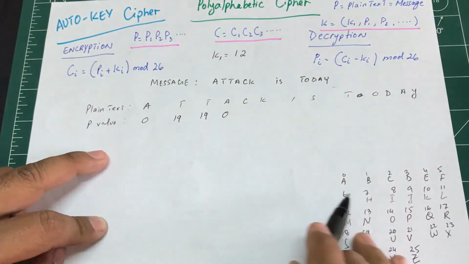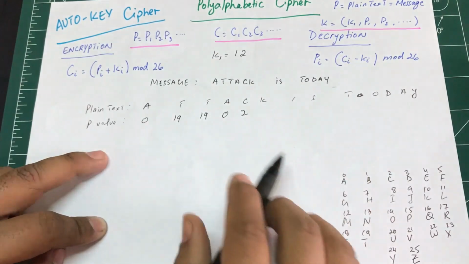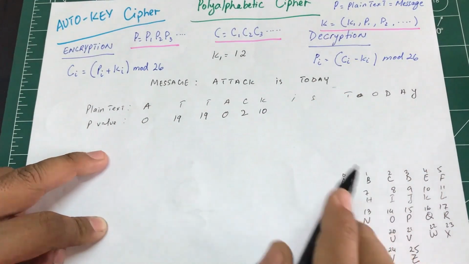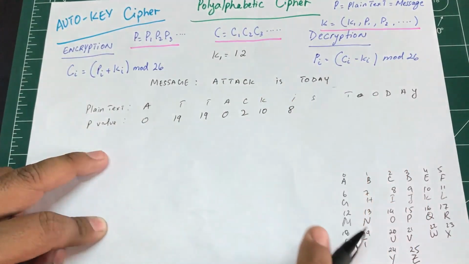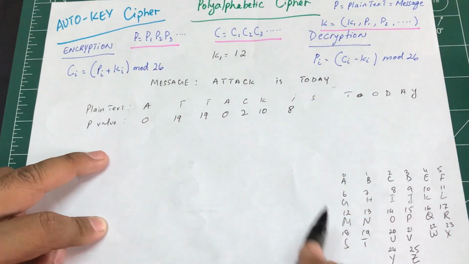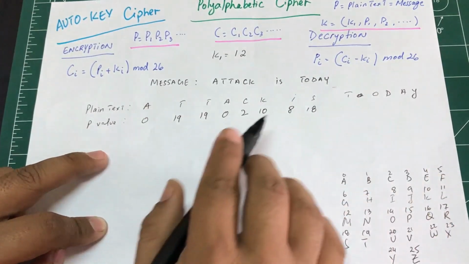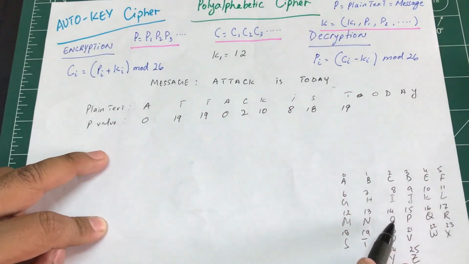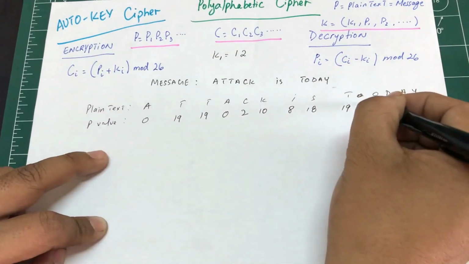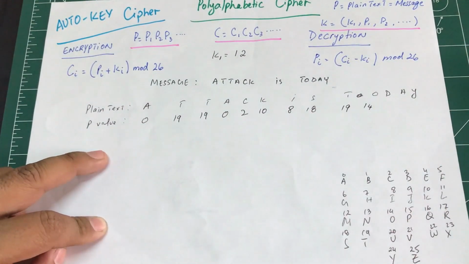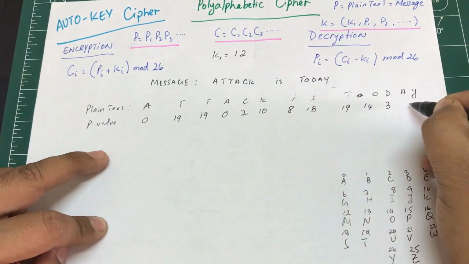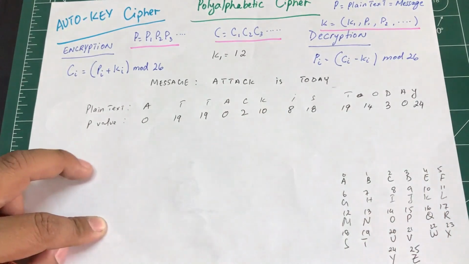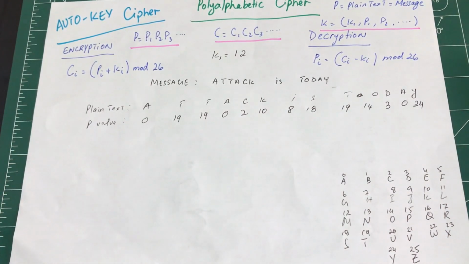A is 0. C is 2. K is 10. I is 8. S is 18. T is 19. O is 14. D is 3, A is 0, and Y is 24. I'm just simply assigning the weight to it.